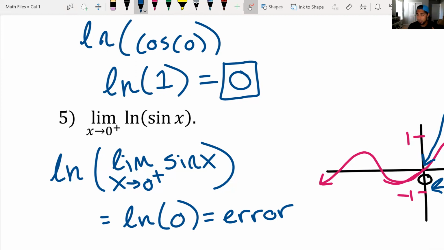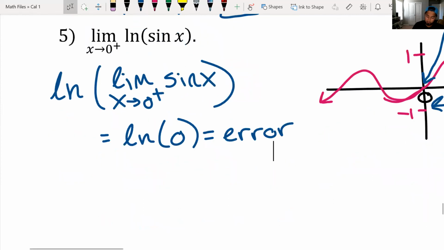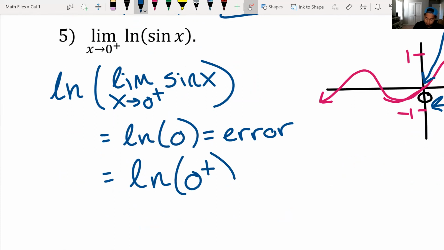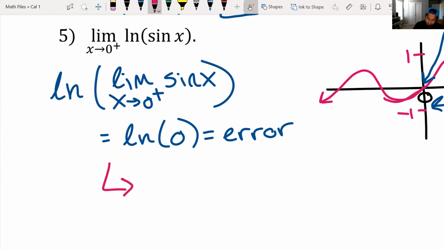As x approaches 0 from the right, the sine function is getting closer to 0. But the only way to satisfy the natural log is if the inside function of sine also approaches 0 from the right. And if you approach 0 from the right, we'll have the natural log of 0 from the right. Here's our fix. We'll say the natural log of 0 from the right, which, guess what, is our favorite answer right now?